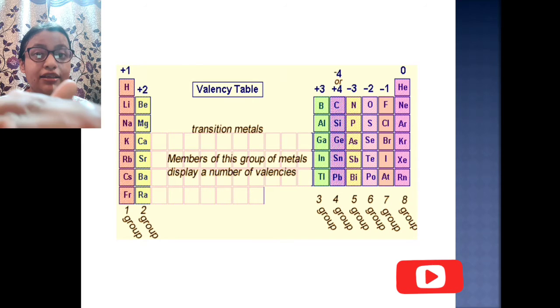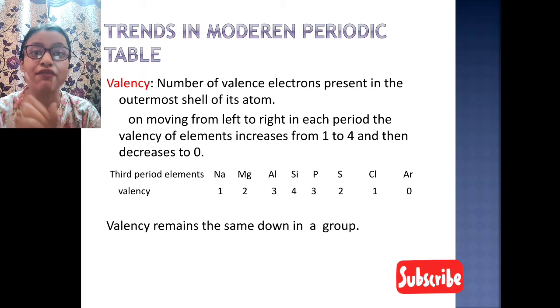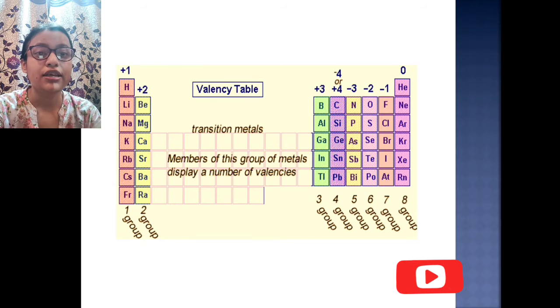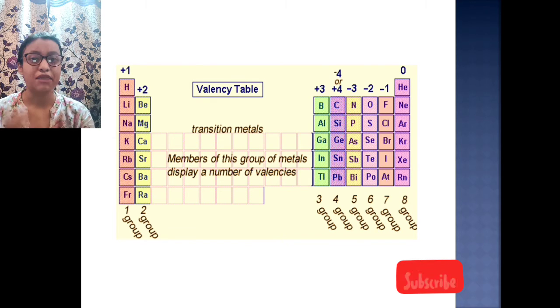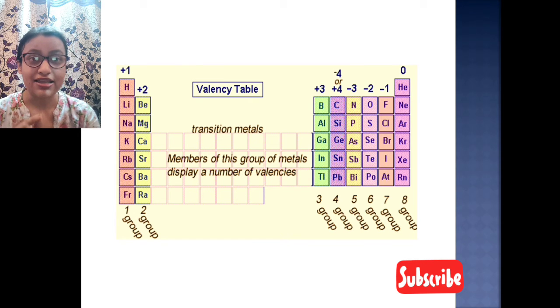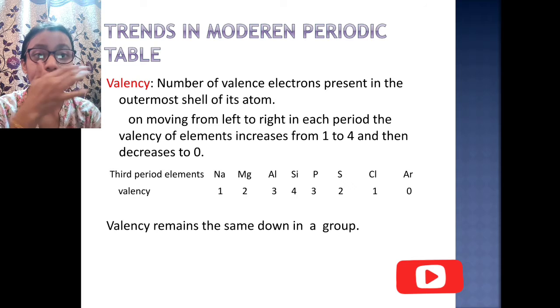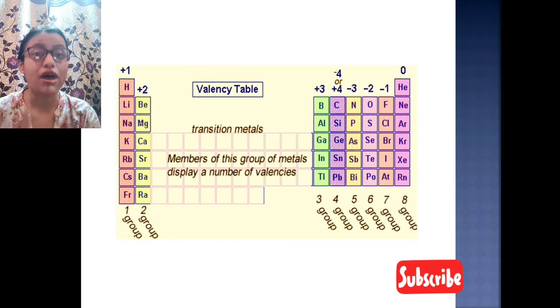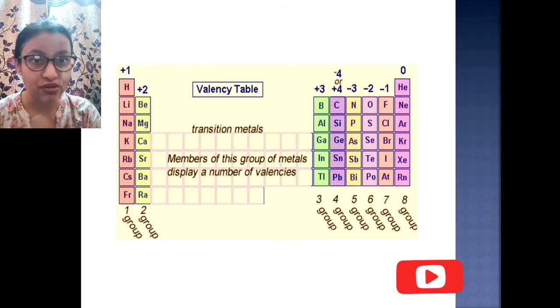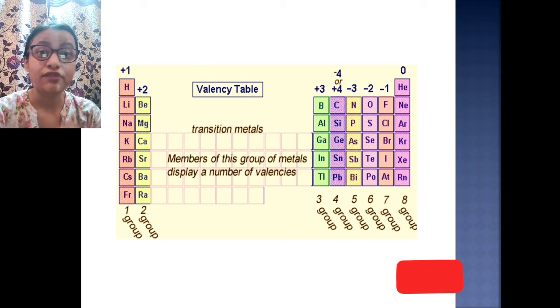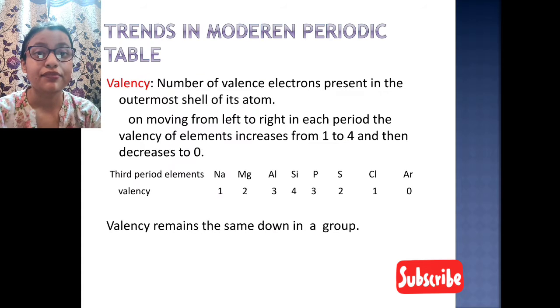This is in the case of the period, but in the case of the group, the valency always remains the same. Down the group, the valency remains the same.